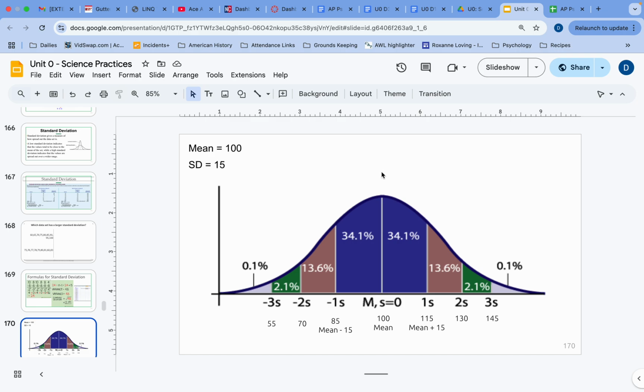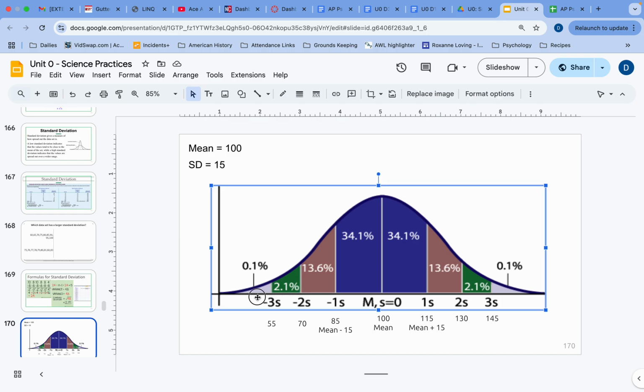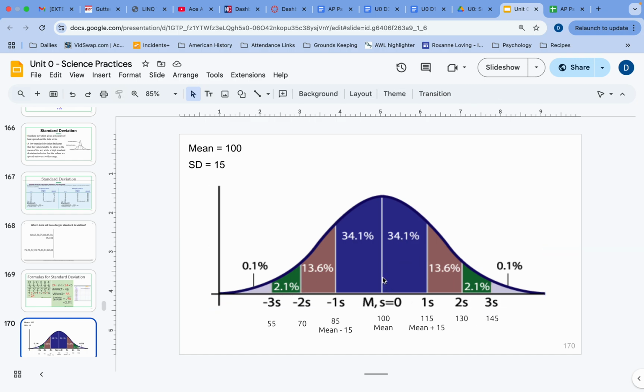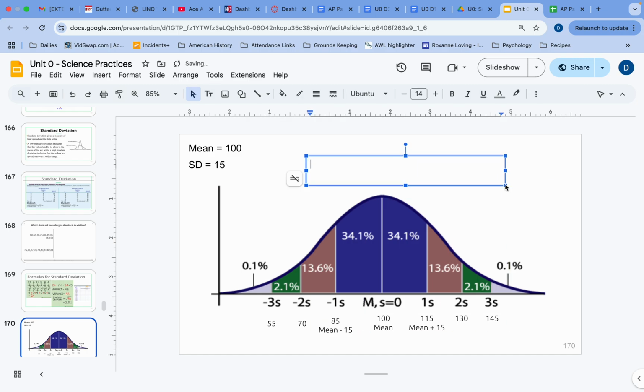All right. If you score dead on the mean, you will notice that there is just as many people below you as there are above you. So 50% of the population scored worse than you, less than 100 on an IQ test, and 50% of the population scored better than you on an IQ test, which means you are in the 50th percentile. When I'm saying that, it is not percentage, it's percentile.